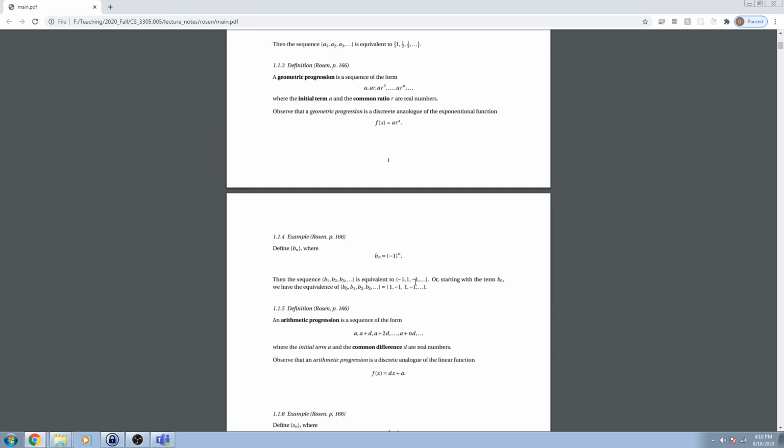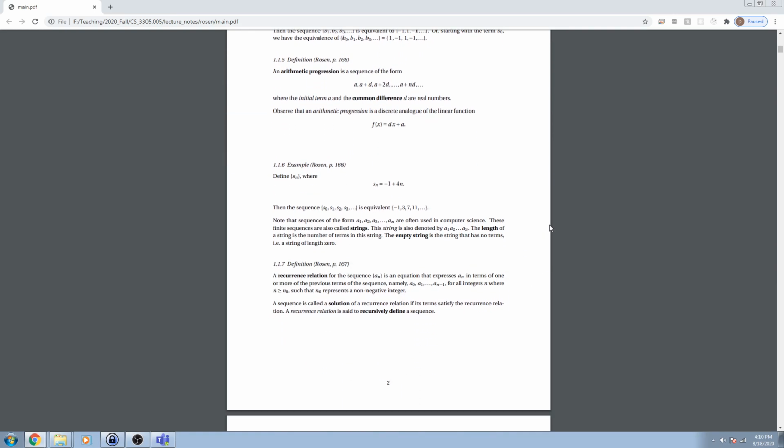The third term and all other odd terms would be -1, and all of the even terms would be 1. So it shows that even without choosing r to be 1, you can still get a sequence where it's not moving a whole lot, it's just hopping back and forth between these two numbers.